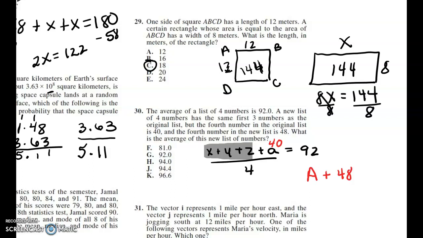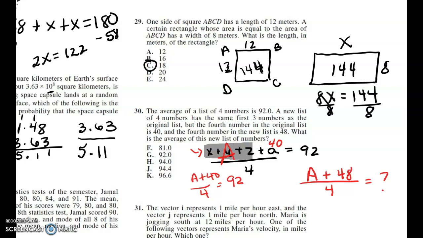So A plus 48, and then divide by 4. And that's going to equal, what is the new list? Well, over here, we need to find out what A is. So call this all capital A, right? This is all capital A plus 40, divided by 4, equals 92. Well, you can do that. A plus 40 divided by 4 equals 92.